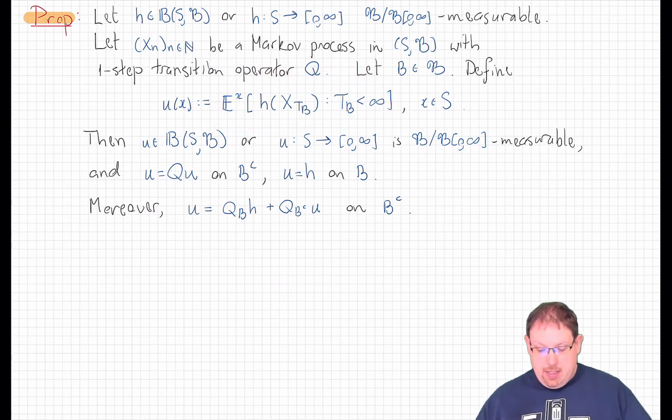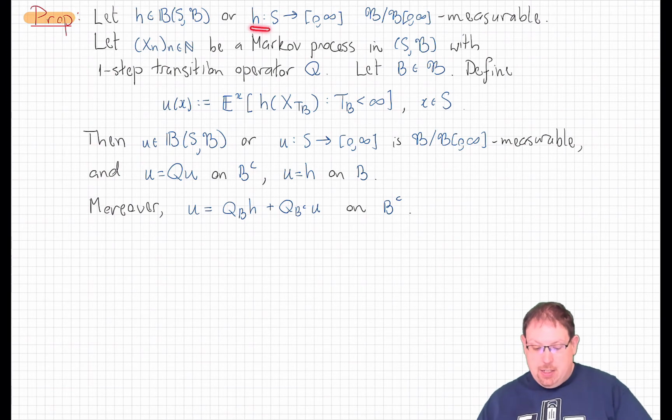Starting at x, what is the expected value of h of the hitting location of B under the event that the hitting time is actually finite? This defines a function u of x defined on all x in the state space. The conclusion that we'll draw from first step analysis is that if h is a bounded function, then so is u.